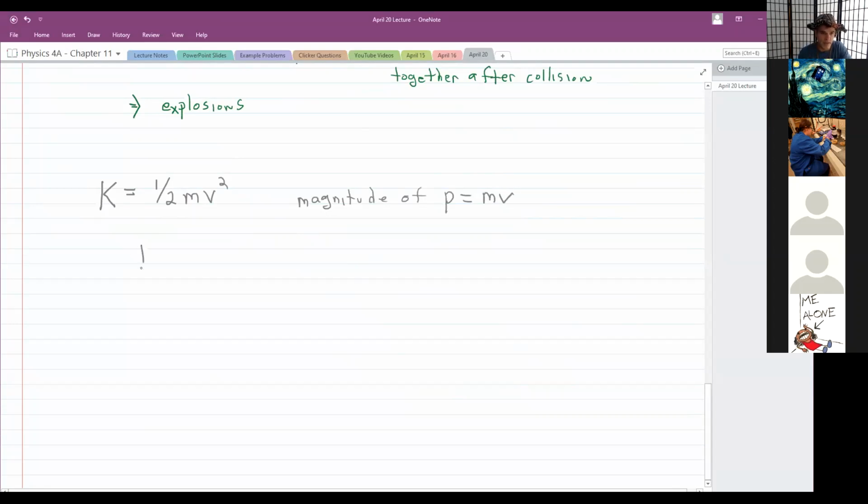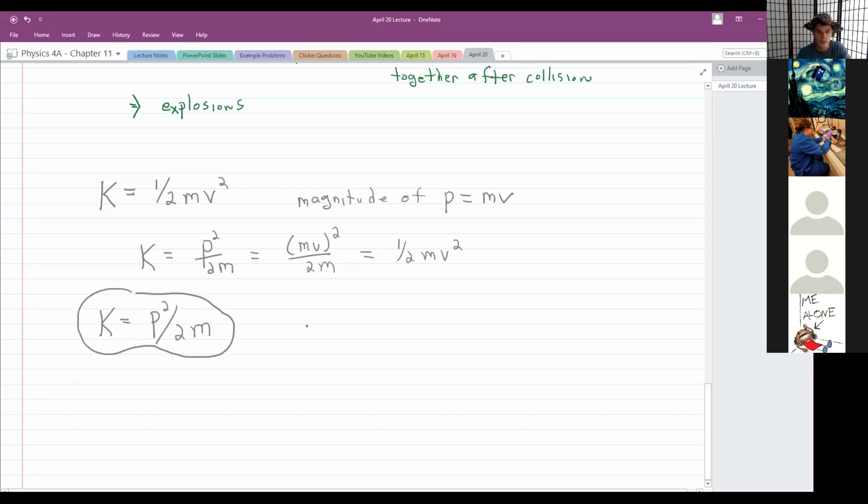So if I write kinetic energy as p squared over 2m, what you'll see is this is just m squared v squared over 2m, which is basically the same thing as 1/2 mv squared. So a nice little relationship between kinetic energy and momentum is, in terms of the magnitude, kinetic energy is given by p squared over 2m, or the momentum of an object is the square root of 2 times the mass of the object times the kinetic energy.